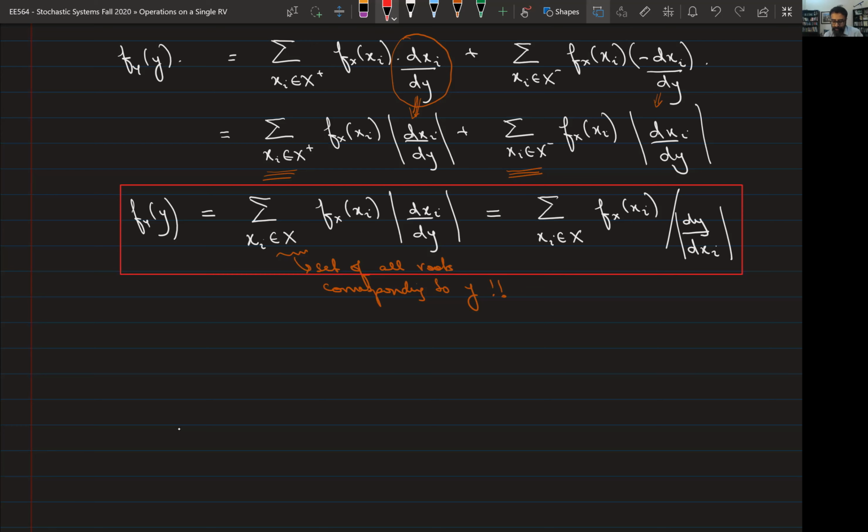Okay. Now, we can apply this if you want. So let's try to apply this to the y equals x squared problem, right? अच्छा, by the way, is this applicable to monotonic functions?